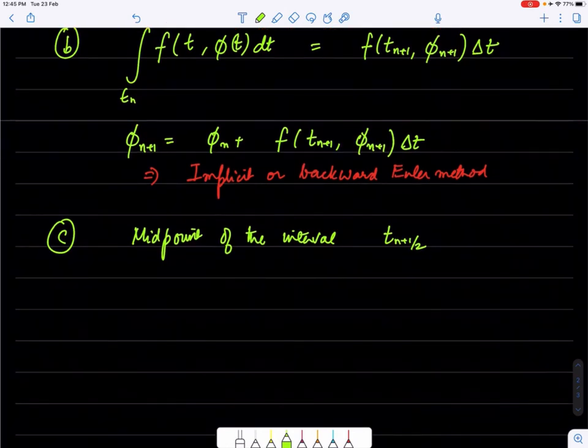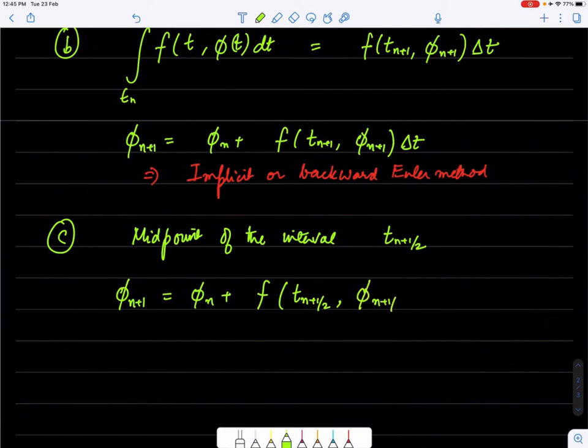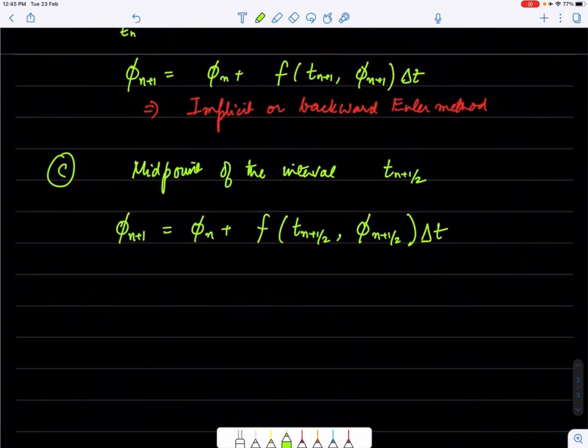So we can write phi_(n+1) to be phi_n plus f at time t_(n+1/2), function calculated at t_(n+1/2), into delta t. Now this is what we will call the midpoint rule, and it is the basis for a very famous method which is called the leapfrog method.